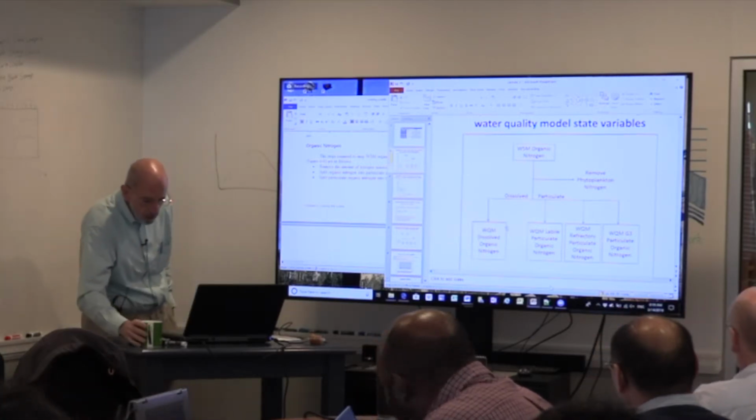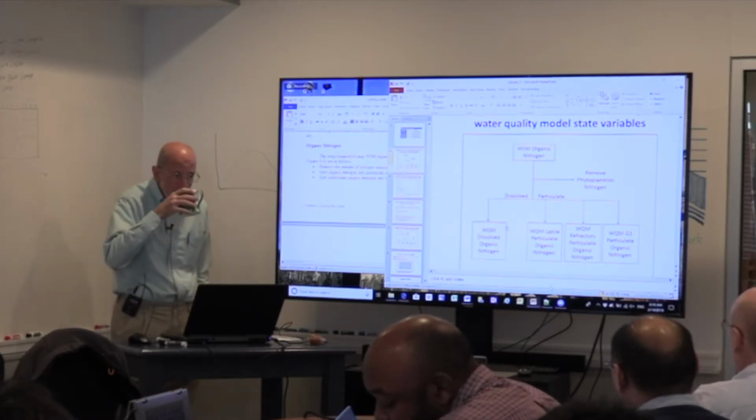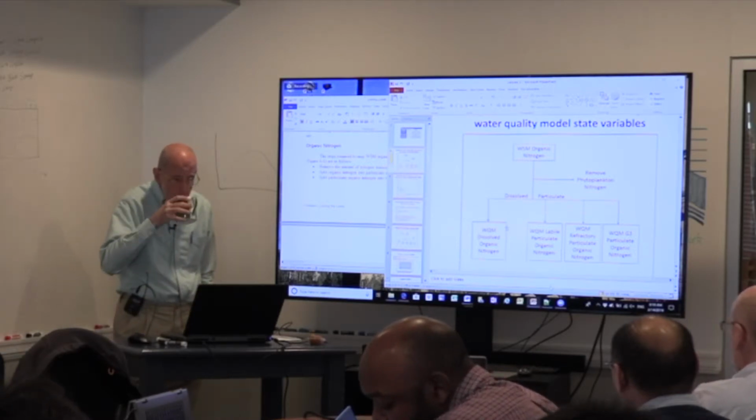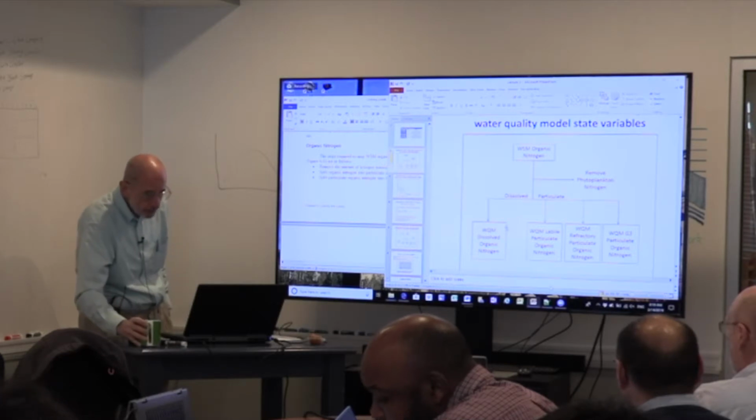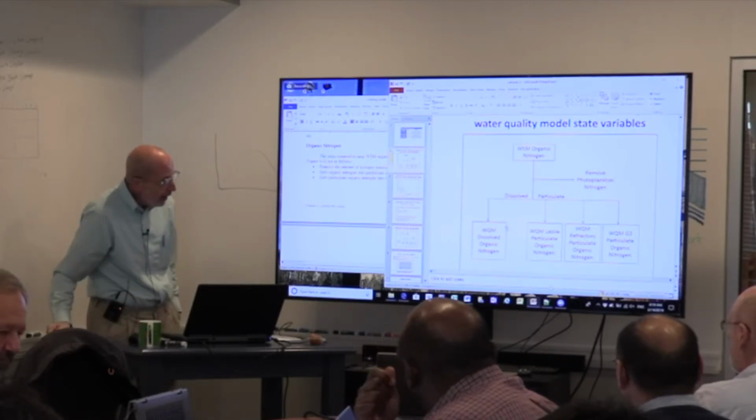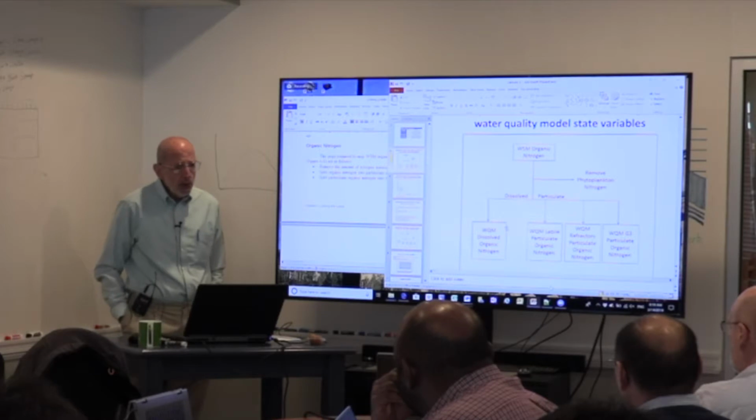Go ahead, Jim. Quick question. Chuck, I assume it's the case, but does the watershed model use the same carbon to nitrogen, carbon to phosphorus as the water quality model? I don't know.